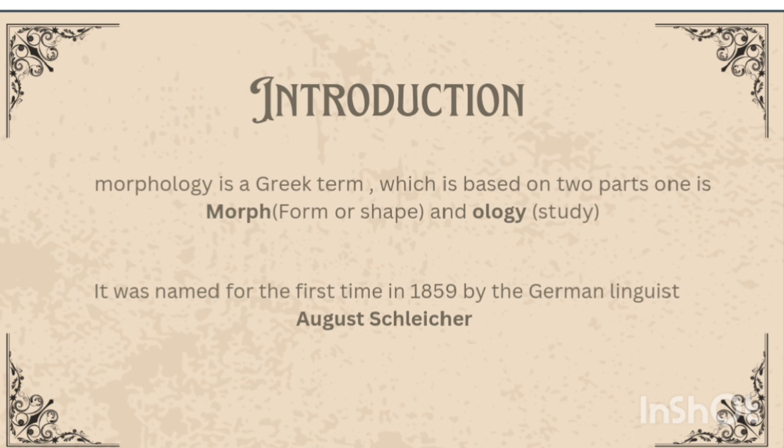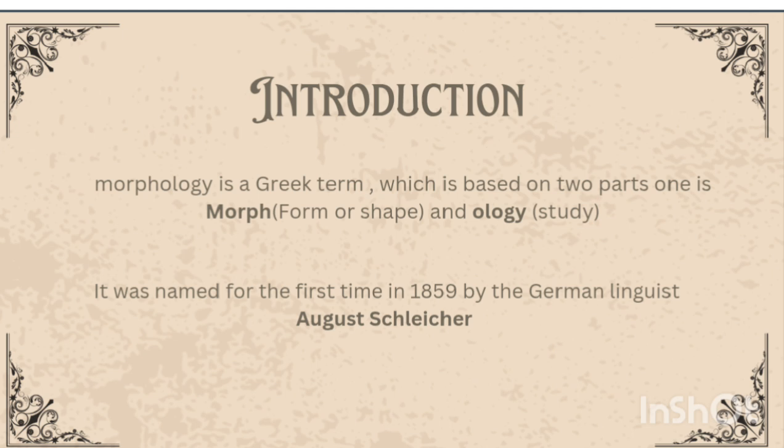Now let's see what the meaning of morph is. Morph means shapes or form, and logy means study. So the rough definition of morphology is the study of forms or shapes. Now let's learn a little bit about how the word morphology is used in the linguistics field and how it came.